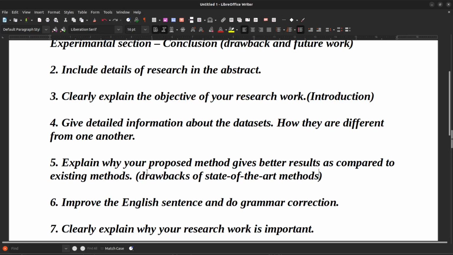It is important to give the technical drawback, why these methods are not performing well as compared to the proposed method.